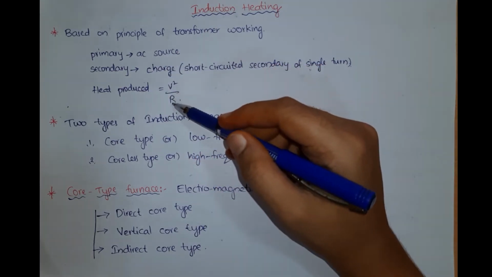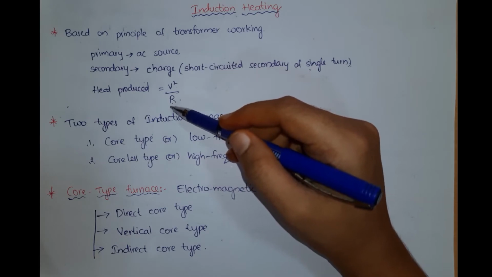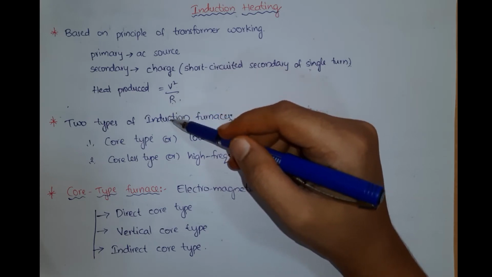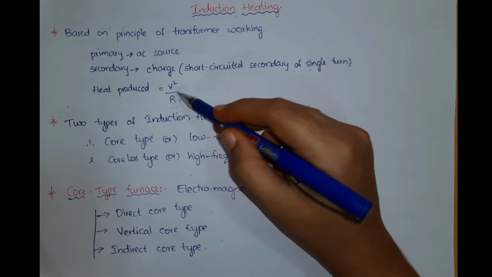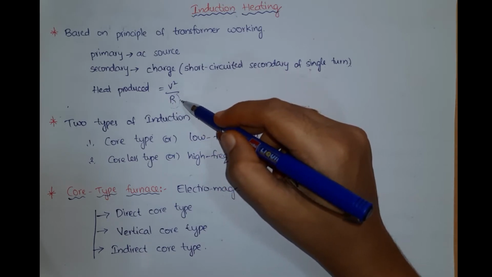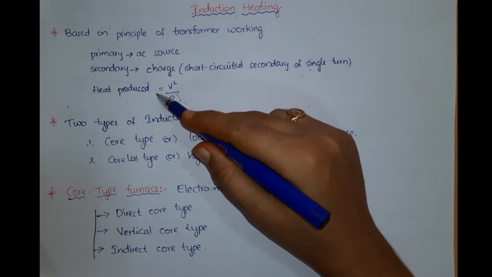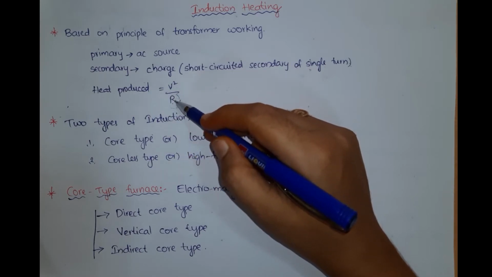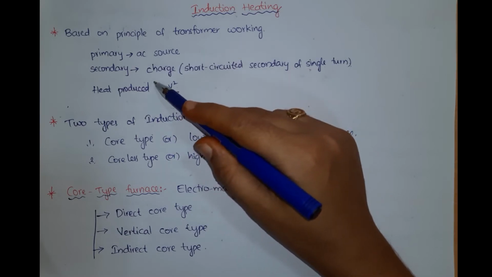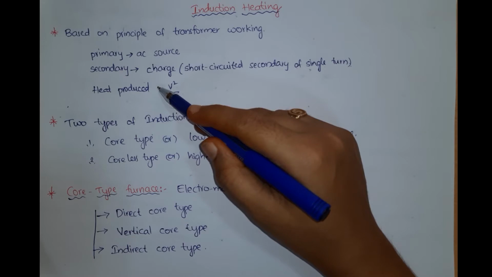That means the amount of heat produced due to induction heating is V square by R. So to develop heat sufficient to melt the charge, what must the resistance be? It must be minimum, so that the heat produced is maximum, right? So the charge resistance must be minimum so that the heat produced is high.